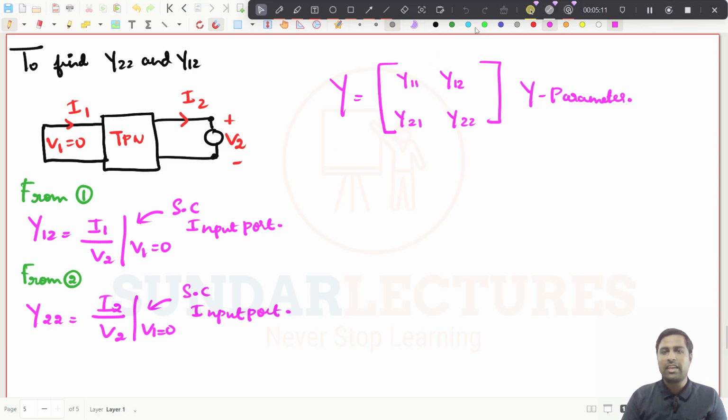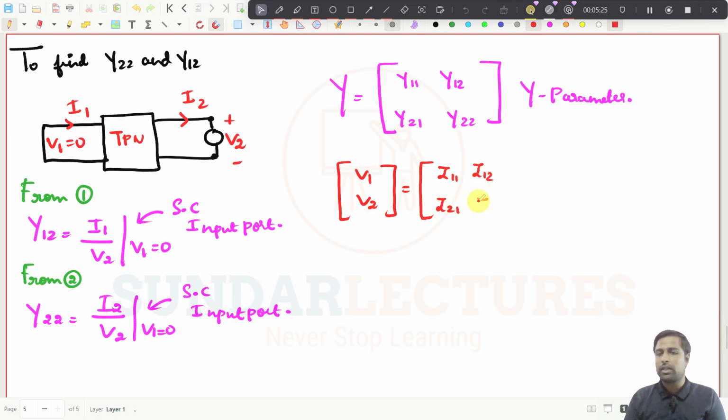So now we can write the expression like this: V1, V2. If you are writing like this, then you can easily write Z11, Z12, Z21, Z22 into I1, I2. And also you can write the same network.